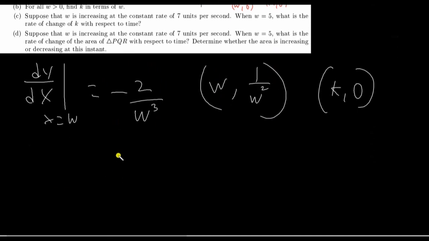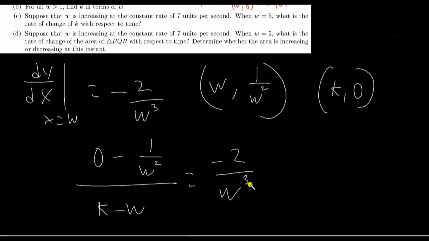Putting that together, we have 0 minus 1 over w squared over k minus w equals negative 2 over w cubed. And then bringing the w cubed over to this side and bringing the k minus w over to that side gives negative 1 over w squared times w cubed is equal to negative 2 times k minus w.